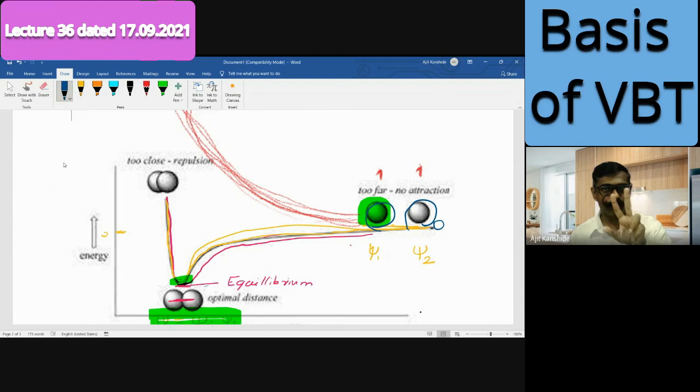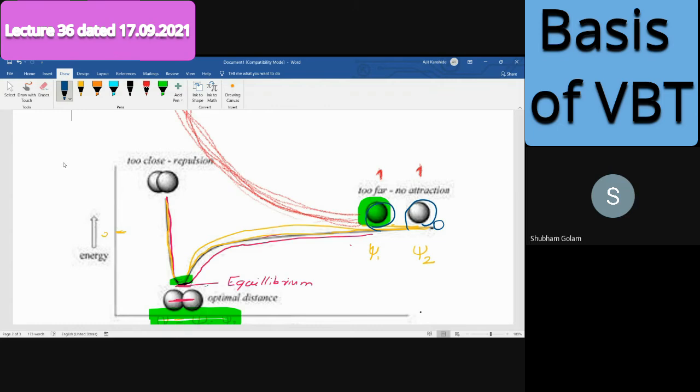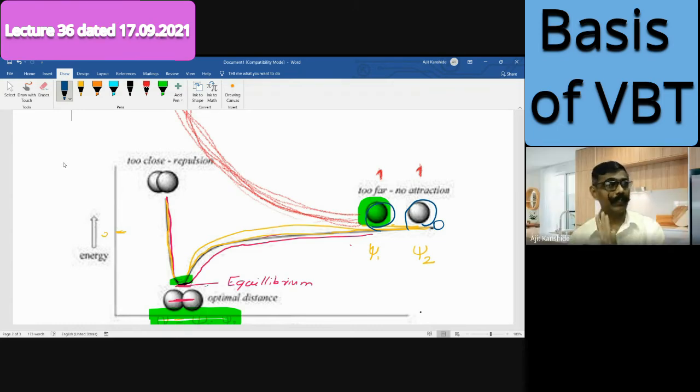Just suggest to me, where are attractions possible when two atoms come closer? Attraction is between the nucleus of one atom and the electron of the other. And the second kind of attraction is the electron of one and the nucleus of the other. Are you following what I'm saying? Yes, sir. And about repulsion, electron-electron or nucleus-nucleus repulsion will be there.